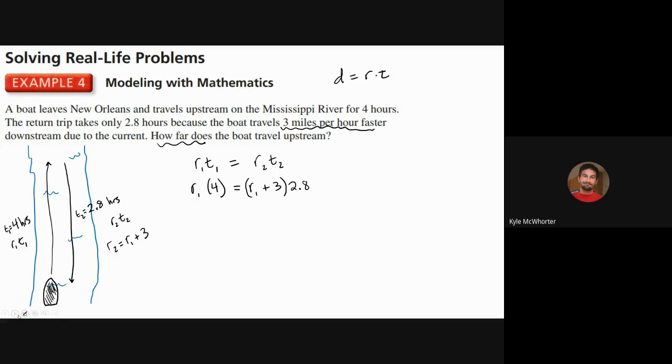All right, so now we've got this equation, and we're going to use some of our skills that we just learned. We have parentheses here, so we have to distribute the 2.8. The left side is just 4R1.